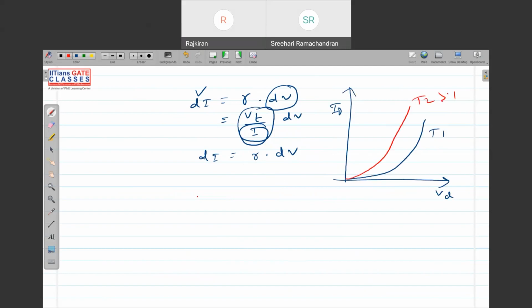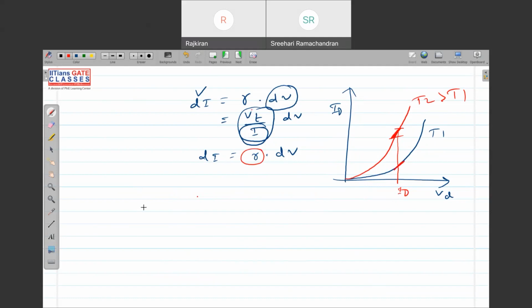Even at the same current ID, the slope of this curve is different from the slope of this curve. So the R will change. If you go to high temperature, the R should be increasing, because it is nothing but VT. Clear?